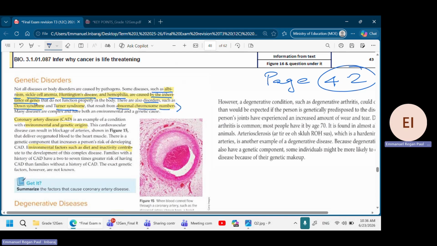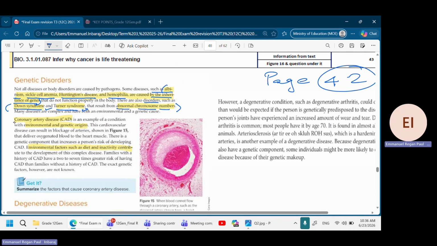If they say abnormal chromosome numbers, then it is Down syndrome and Turner syndrome. When they say it is caused by inheritance of genes, then it is albinism, sickle cell anemia, Huntington's disease, hemophilia. So remember these.